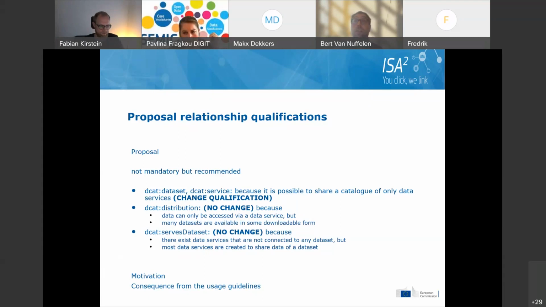So I can, for instance, as a Belgian service, refer to a data set that is managed at the regional level in Wallonia, for instance. So they might be coming from two catalogs. So that's an ability that we then allow now.